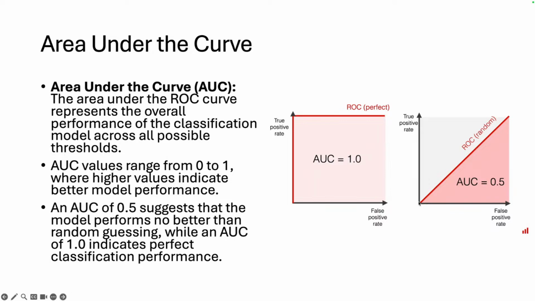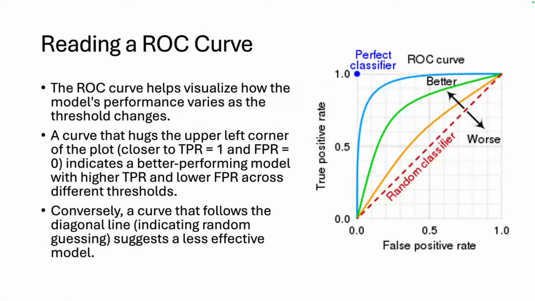So this value actually ranges from 0.5 to 1. The area under the curve is going to be somewhere between 0.5 and 1. I know I have 0 to 1, it's theoretically 0, but the area under the ROC curve will really be between 0.5 and 1.